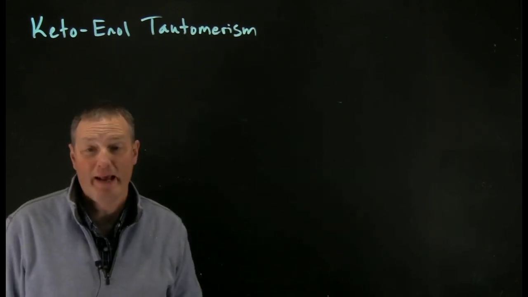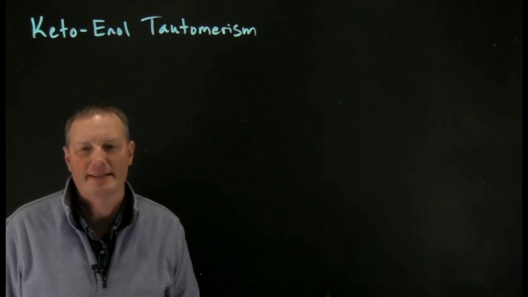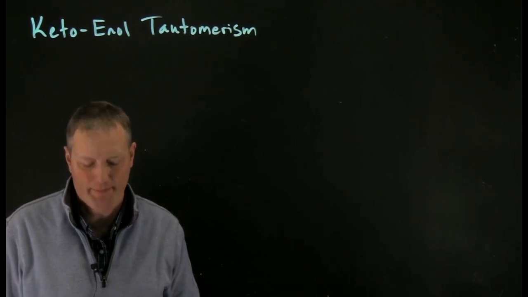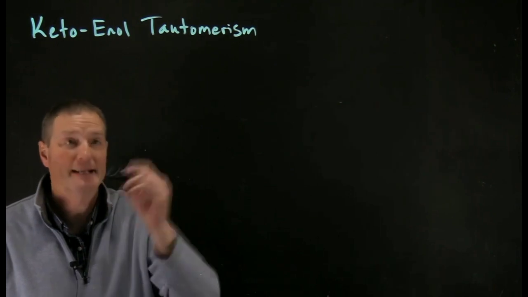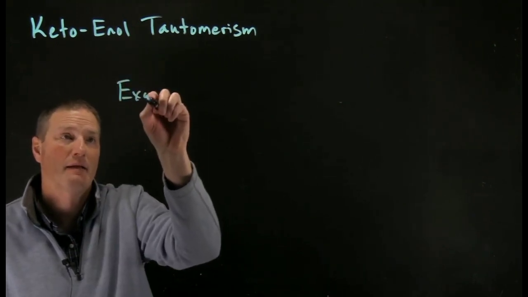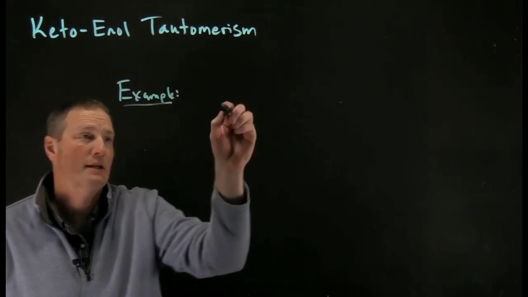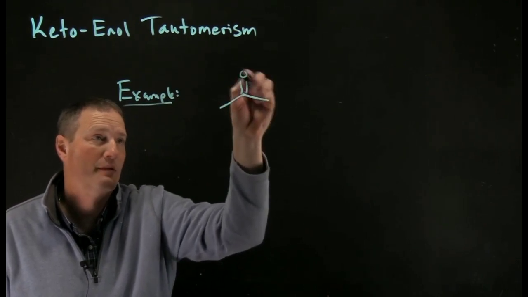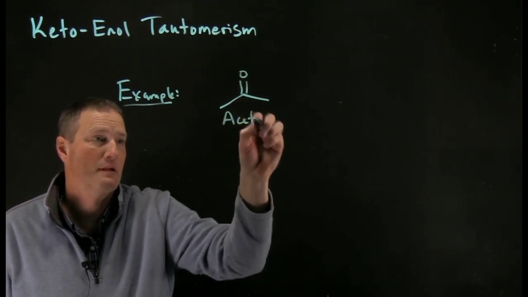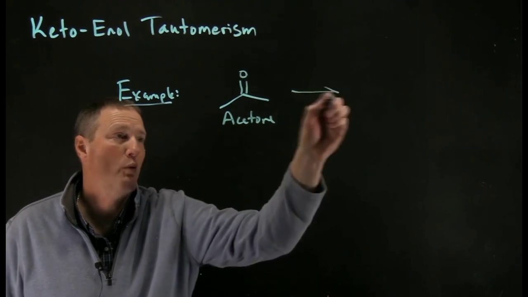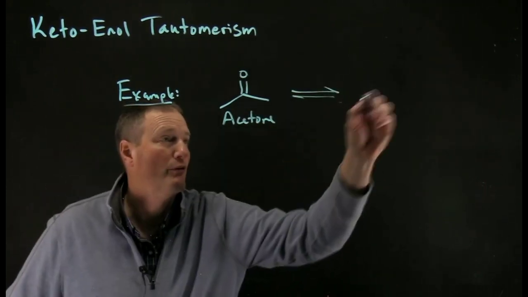Now it turns out, in reality, the keto form in most cases is going to be the favored form of these. So if I were to look at an example of a ketone, let's look at acetone. And let's draw out what its enol would look like if it were to form.